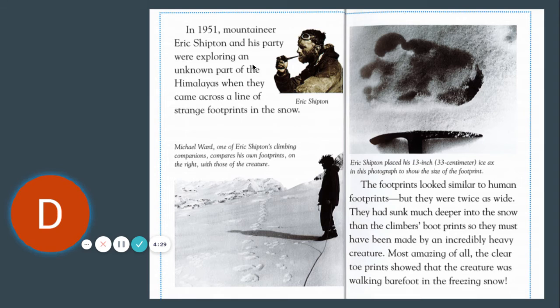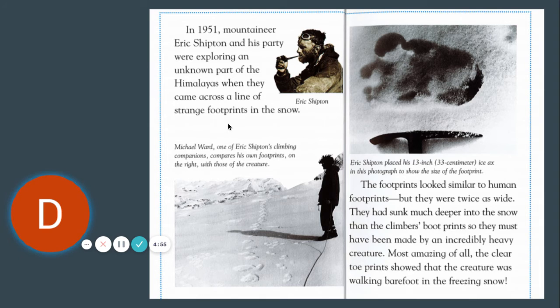And we also see that they're in the Himalayan mountains, in the Asian region, in the area we talked about earlier, between India and China, in the Nepal region. So we do have a location.